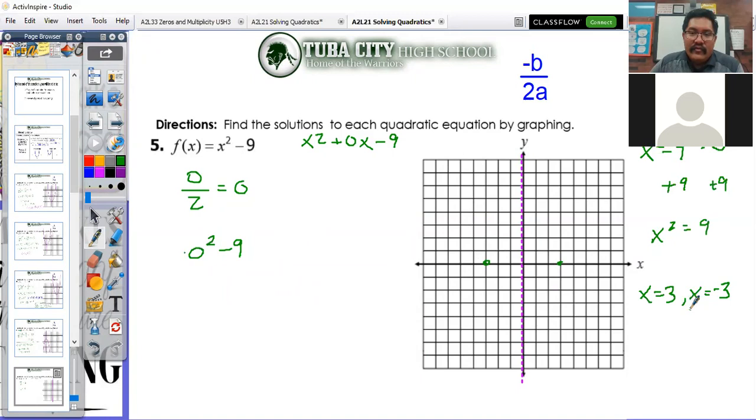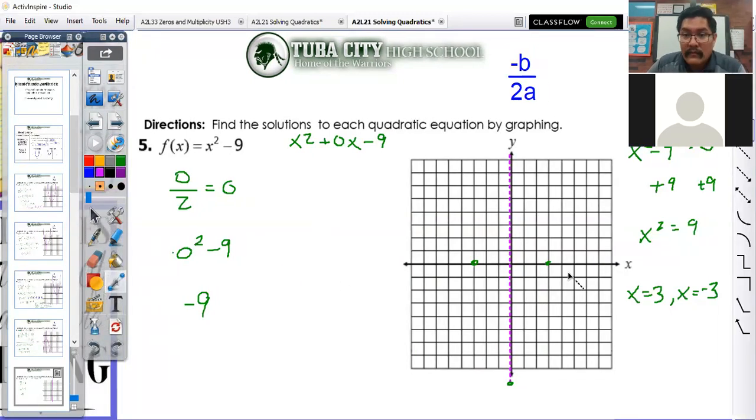Now, just for the sake of drawing the parabola, let's go ahead and get the vertex. Since my axis of symmetry is at 0, I'm going to plug in 0 for x, and I get -9. So -9 is down here. So my parabola is going to look something like this.